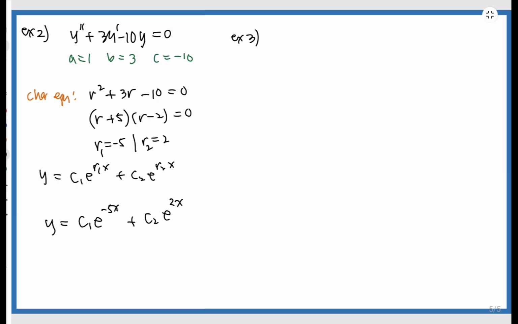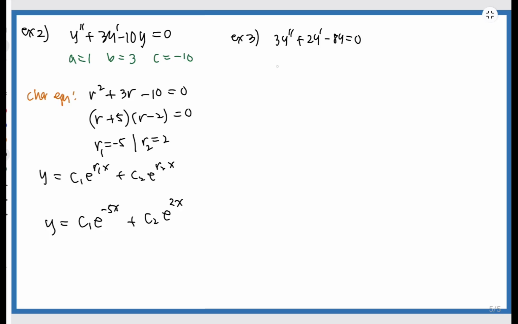This time let's have 3 y double prime plus 2 y prime minus 8y equals 0.